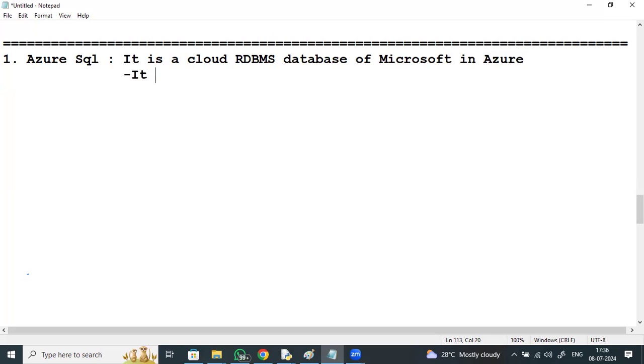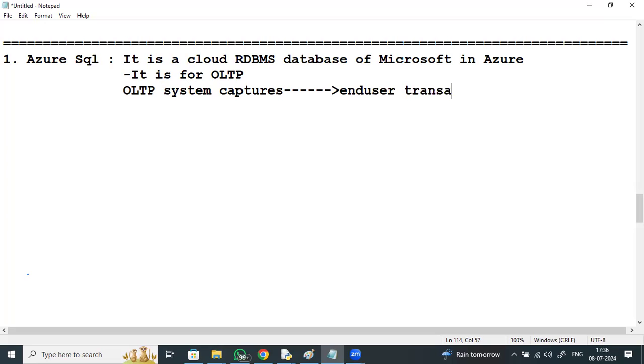It is for OLTP, online transactional processing. An OLTP system captures end user transactions. Azure SQL is a kind of OLTP. It is not for data warehouse.